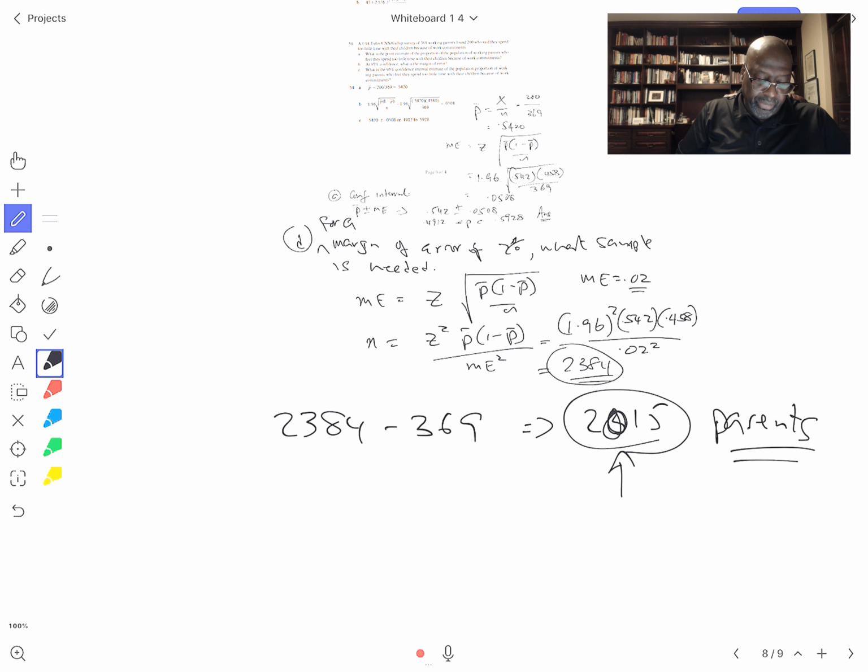I don't think it's worth it. With a 5% margin of error, I think that's a fairly decent estimate of the population proportion.